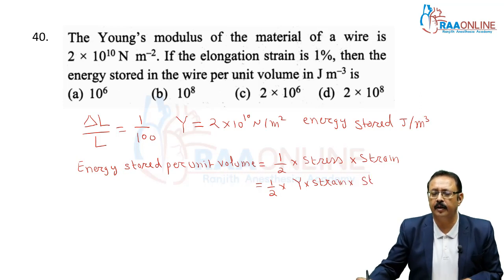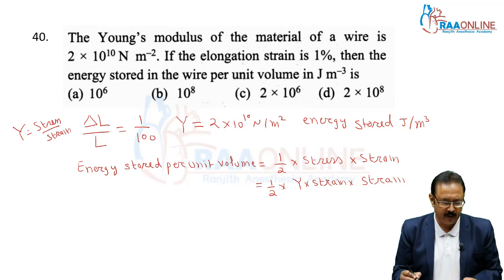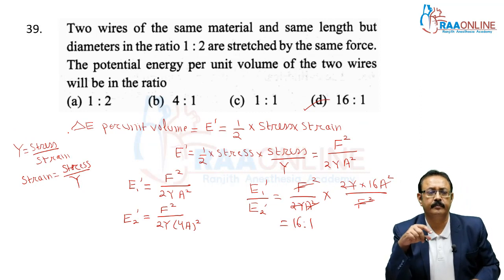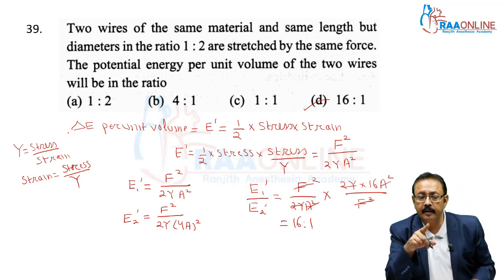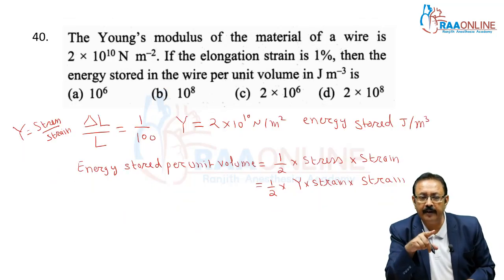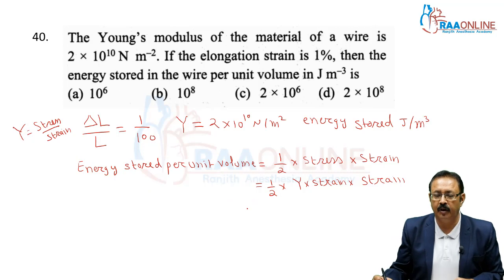So we are using this formula because Young modulus is stress upon strain. Like the previous problem in which we removed strain, in this problem we have to remove stress. Getting my point? They can do this. So remember this formula. Now it is half Y into strain square.